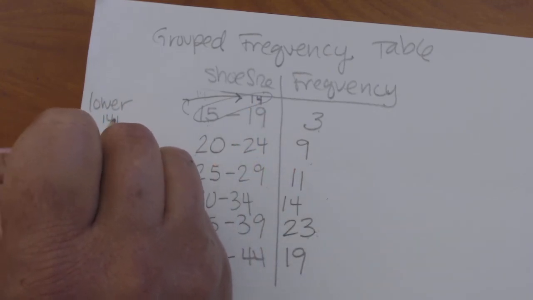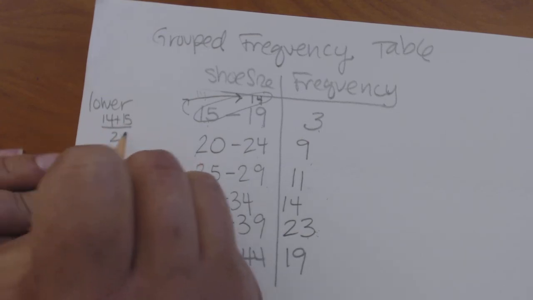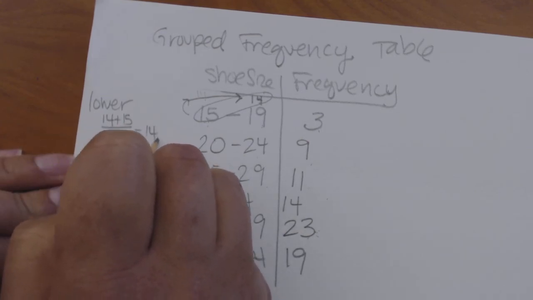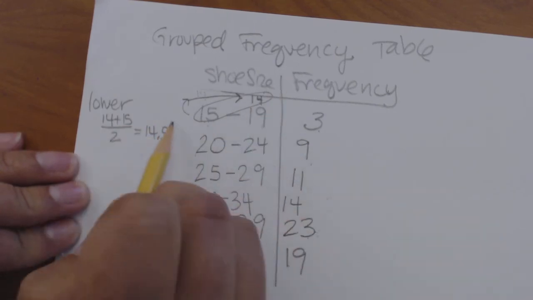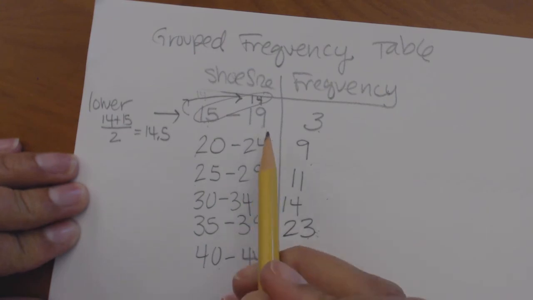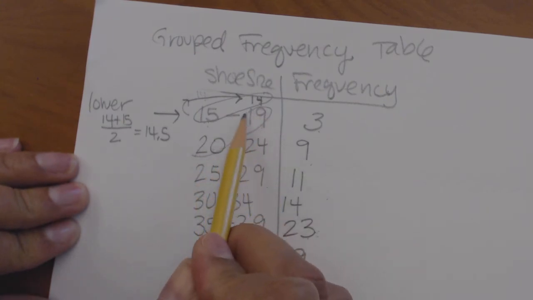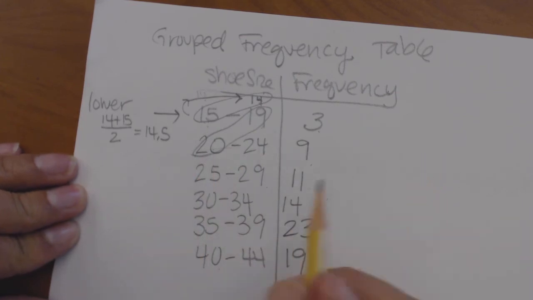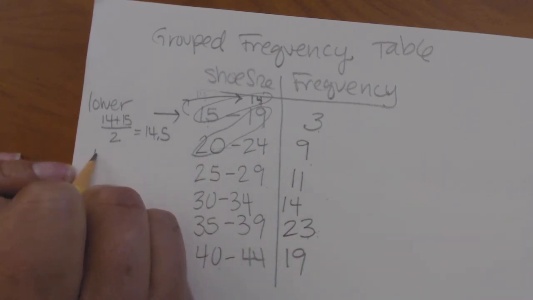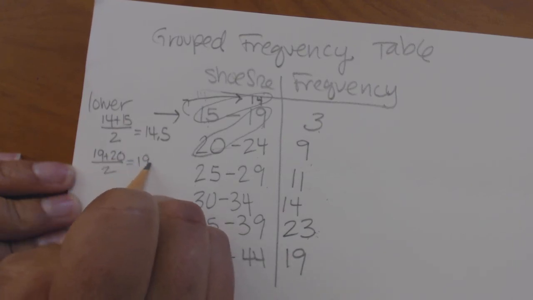It's going to be 14 plus 15 divided by 2, and that's going to give us 14.5. So that is the lower boundary for that group. For the next group, we take the 20 and the 19 and do the same thing: 19 plus 20 divided by 2, and that's 19.5.